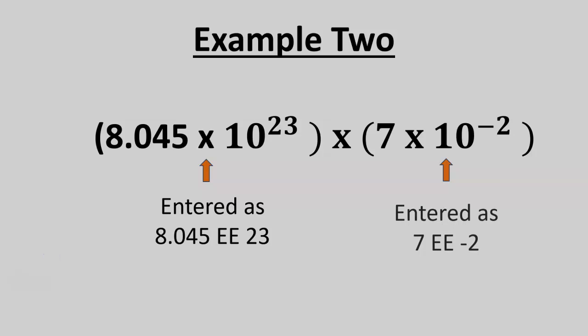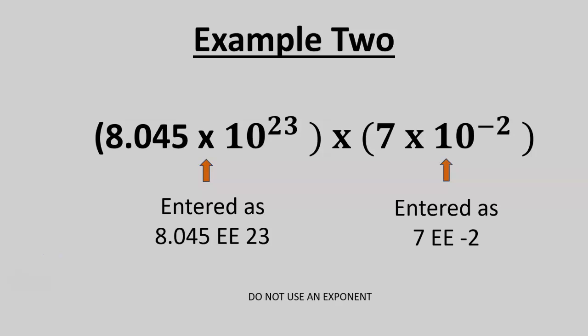It's the exact same thing for the other side, right? We're going to enter that in as 7 EE negative 2. Remember, when we're using our calculator, we're not entering in exponents if we're using our EE key. So let's go back over to our calculator and see if we can make some sense of it all.